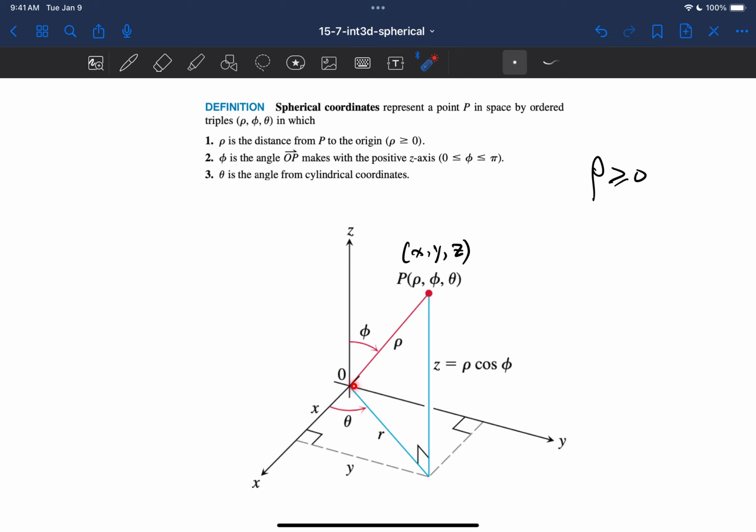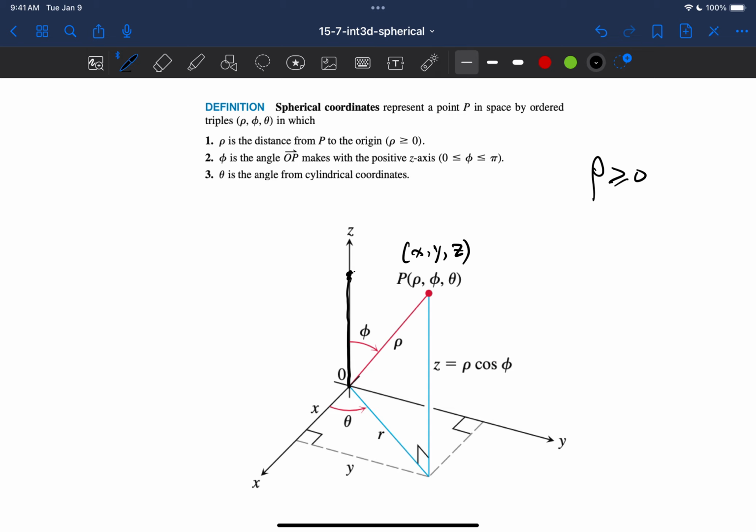Phi is the angle from this red line to the z-axis. You can think of something like an umbrella. If phi equals 0, then this one is somewhere here, on the positive half of the z-axis.